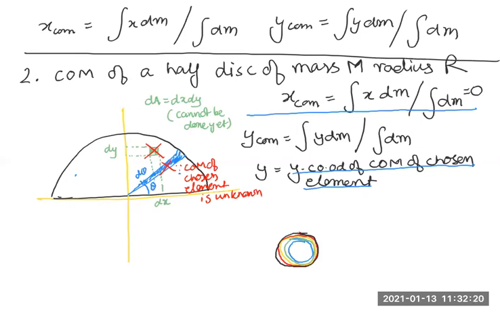So a solid sphere for us mathematically is made up of an infinite number of hollow spherical shells.